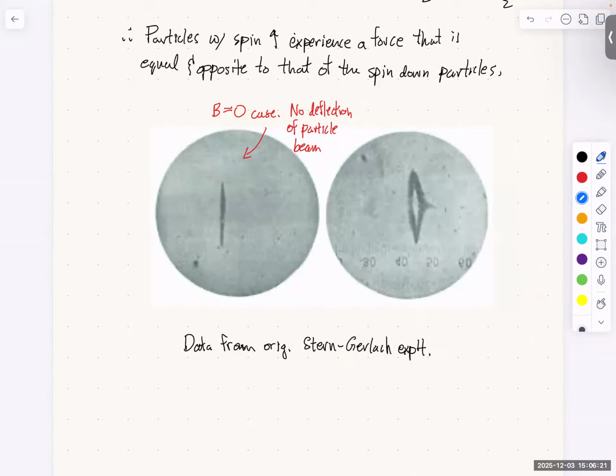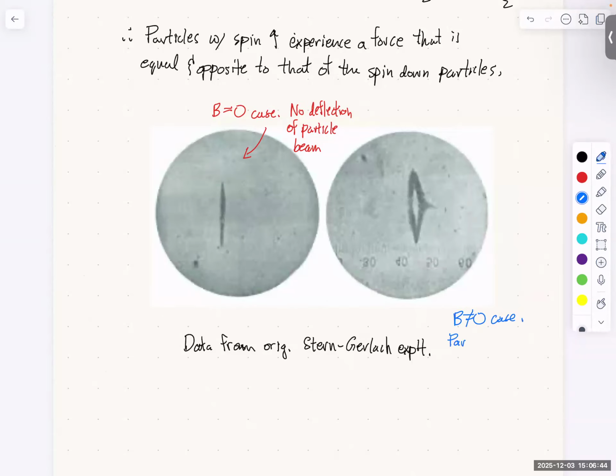But that's not what we see. We see a clear gap in the middle where no particles hit. We only get particles in one of two locations, and that's the quantization of the Z component of the spin of our particles. So this is the B not equal to 0 case.